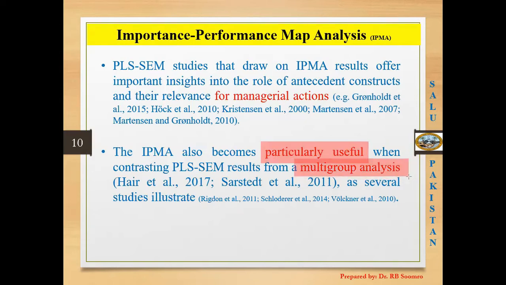Multi-group analysis means groups like male or female, or different age groups. If you work on the international level, then you may select samples from different countries, and these different countries are also multi-groups. You can also work on different multi-groups on an ethnic basis or a religious basis. Especially if you are working on multi-groups, then this one is very important.